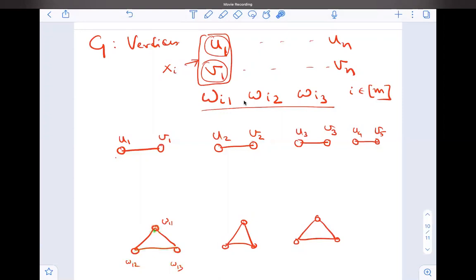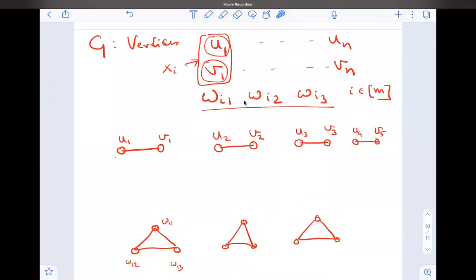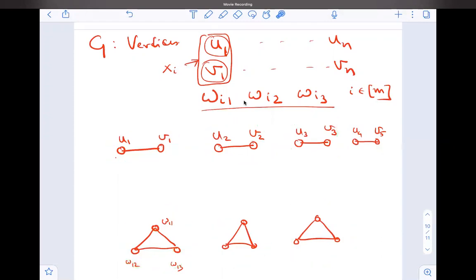So at least two of them have to be picked from each of these clauses. So at least one has to be picked from each variable, and at least two from each clause.